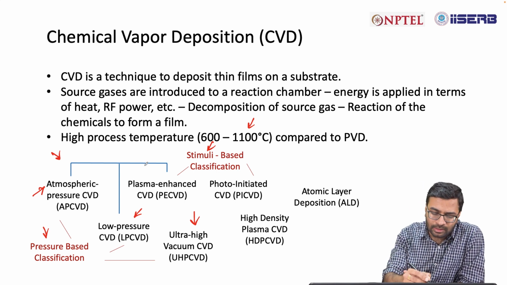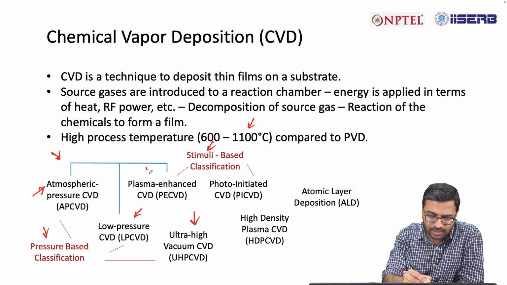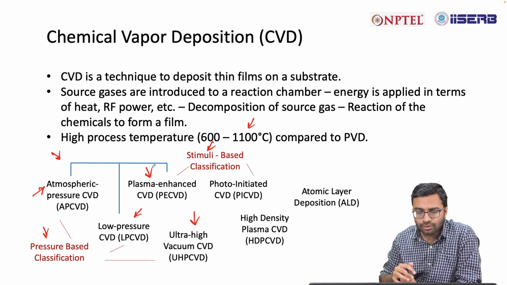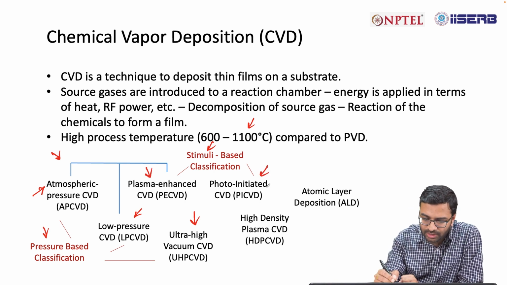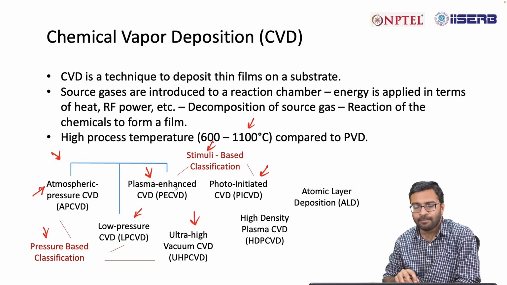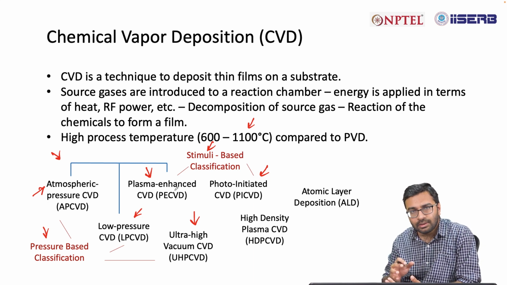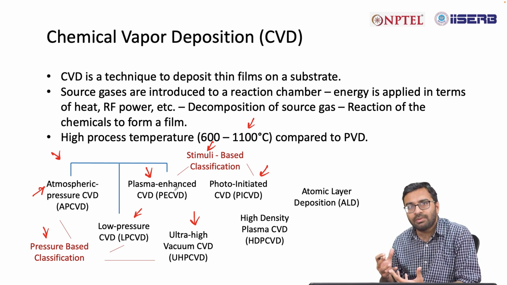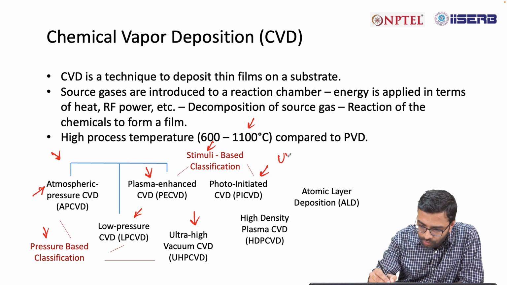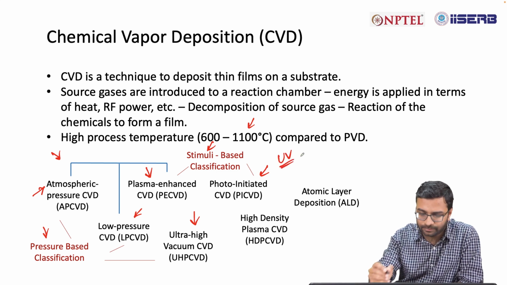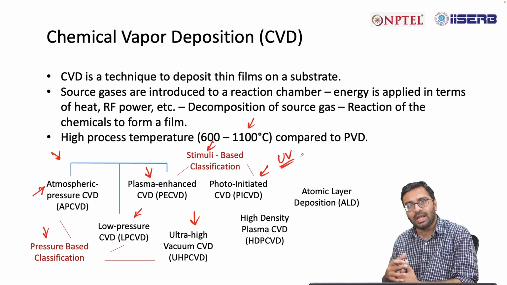Similarly, CVD process can also be plasma enhanced or photo initiated. Photo initiated and plasma enhanced meaning the stimuli is now different. So, either you create a plasma inside in order to deposit materials, or this can be photo initiated. For example, you apply UV light in order to initiate the reaction.